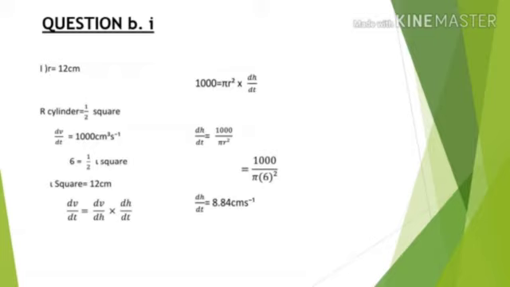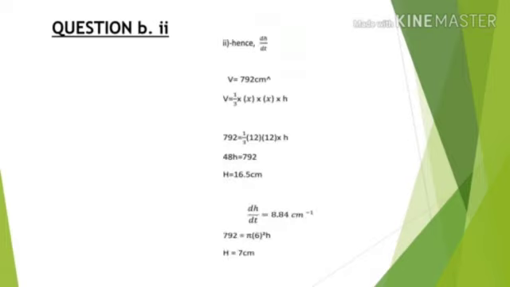Then substitute the radius of 6 cm to get 36 pi. Next, substitute into the equation to find dH over dt. This answer is 8.84 cm per second.